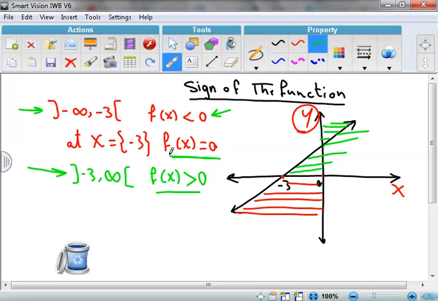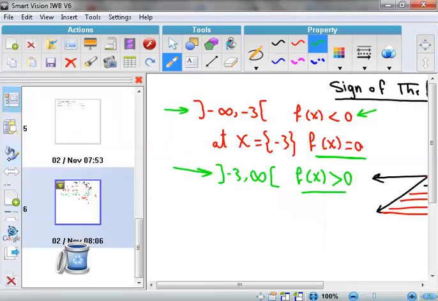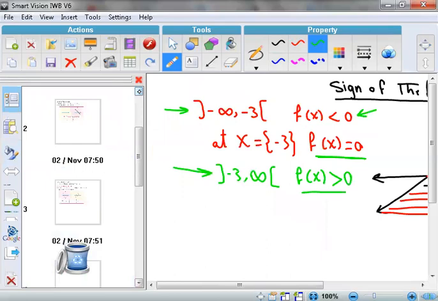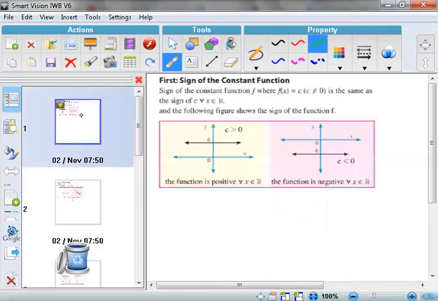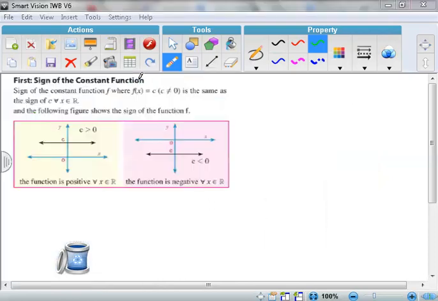We have 3 types of function. We will start with the constant function. The first function: sign of the constant function.